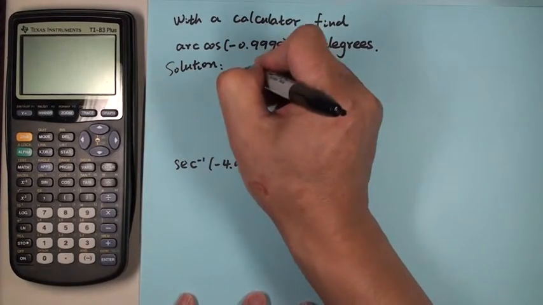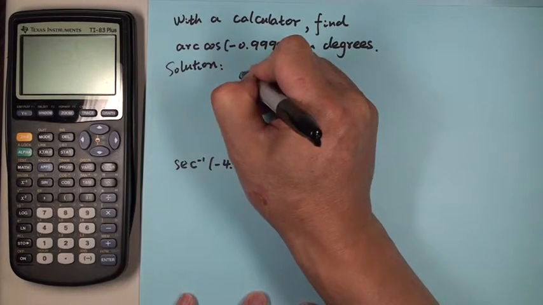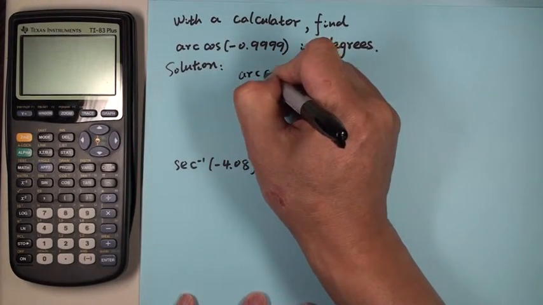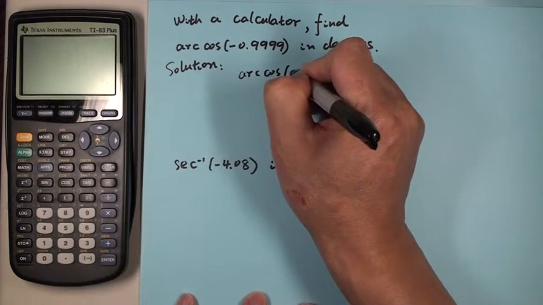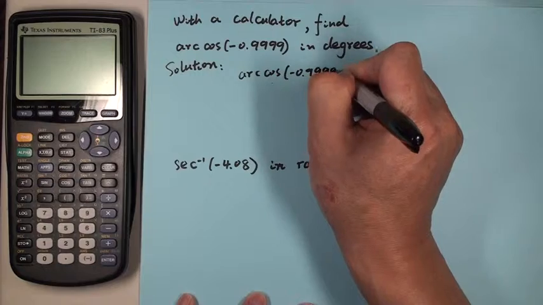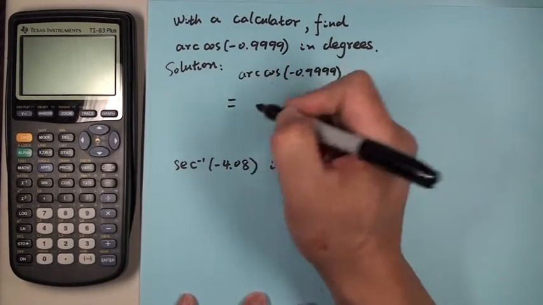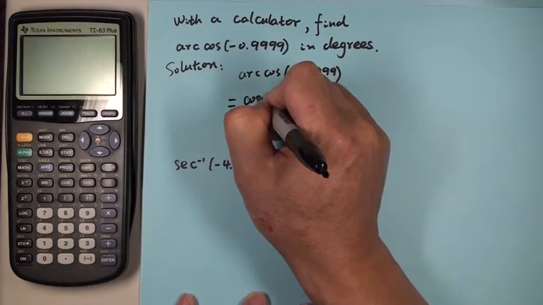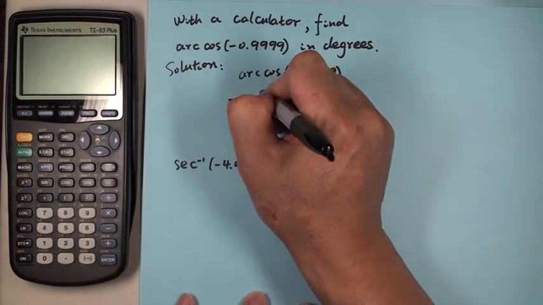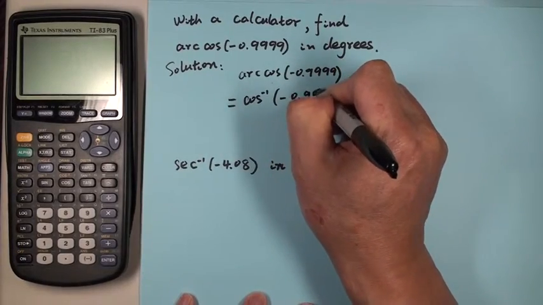We know again in this case we've got to use the calculator. Arc cosine of -0.9999. In some calculators and some books they don't use arc, they use cosine inverse.